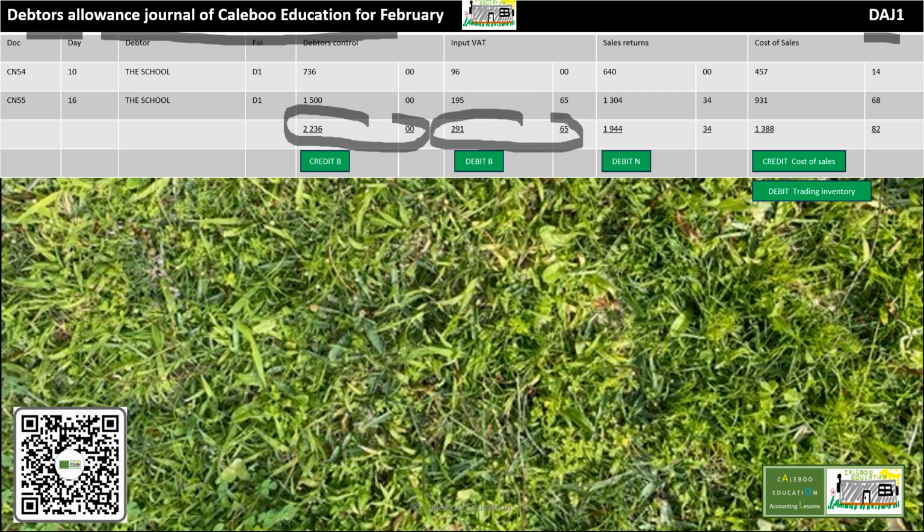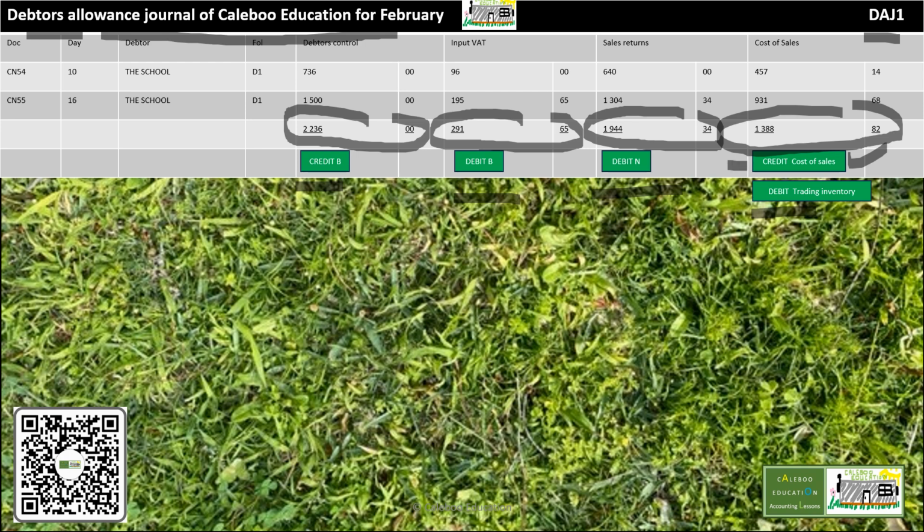And remember, the next step in the bookkeeping cycle is to take this information and put it into the general ledger accounts. You'll see we're going to debit cost of sales. We're going to credit cost of sales, and we're going to debit the trading inventory, and you will see why. I'm going to apply the accounting rules.